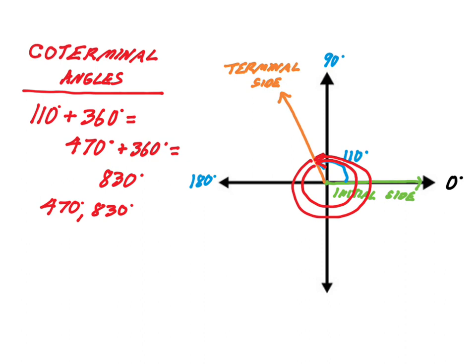But what if I want a negative coterminal angle? Well, in that case, I would have to go from 0 and go clockwise. So how many degrees does it take to get over to that side? Well, if you think about this, and I'm going to come back to the screen here in a moment. So here we have our 110 degree angle.